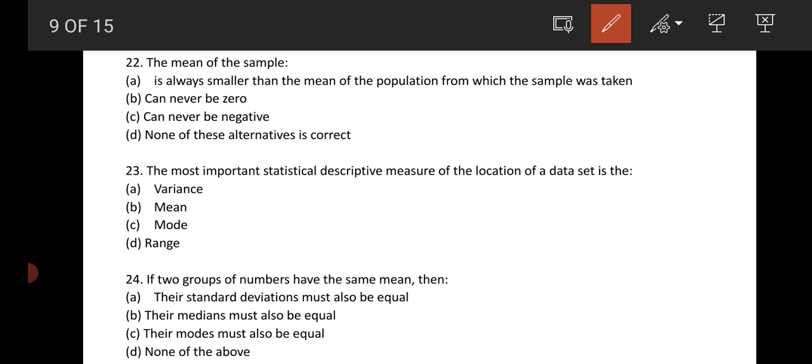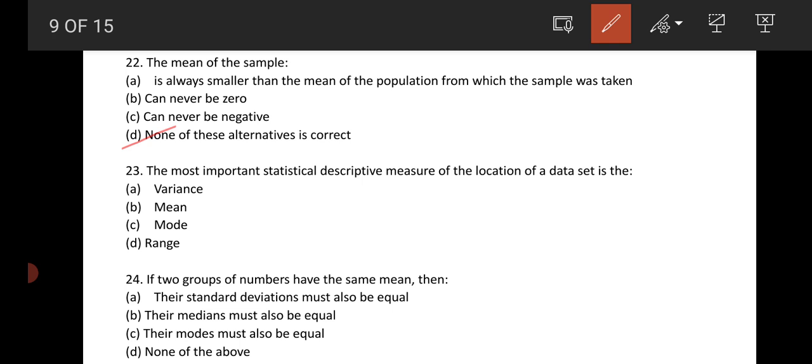All three options are wrong, because the mean of any sample taken from a bigger population may be less than, equal to, or greater than the population mean. It may be 0, and it may also be negative.